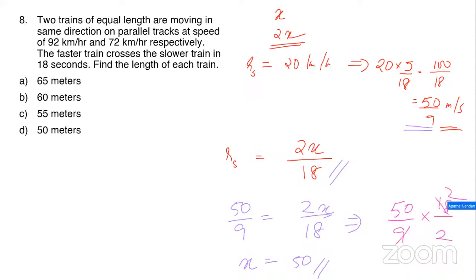The 9 and 18 reduce and the 2s cancel, so you get x equal to 50. The length of each train is 50 meters. Is that clear for everyone?